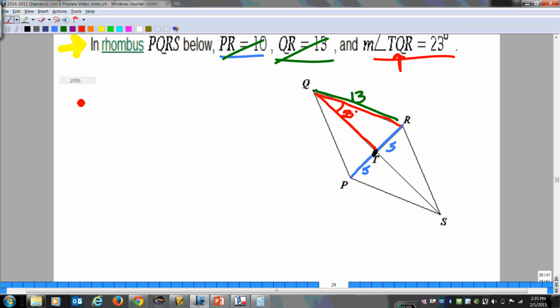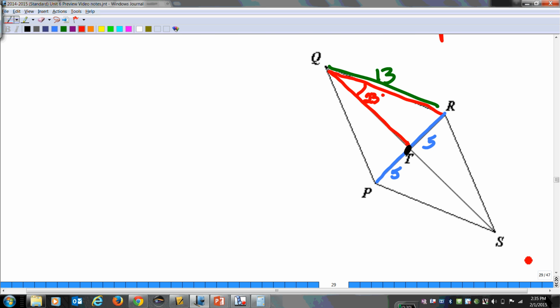And from there, our goal is to find everything. Well, let's see what we can do. We know that these diagonals bisect opposite angles. So that's 23, that's 23. We also know, because it's a parallelogram, that opposite angles are equal. So that means this is 23, and that's also 23.